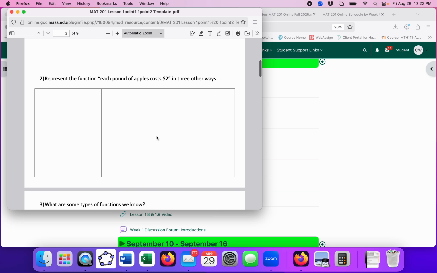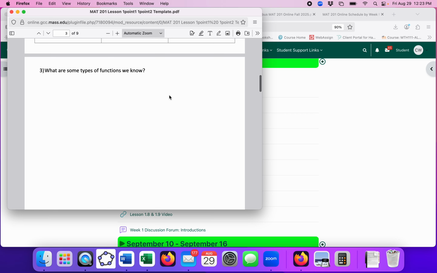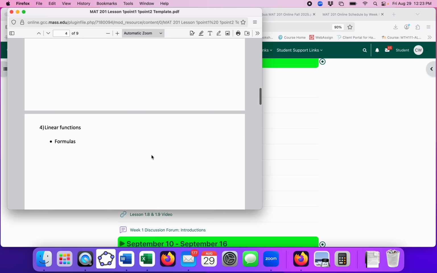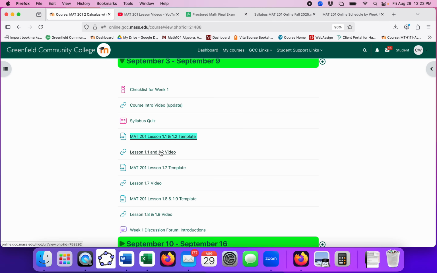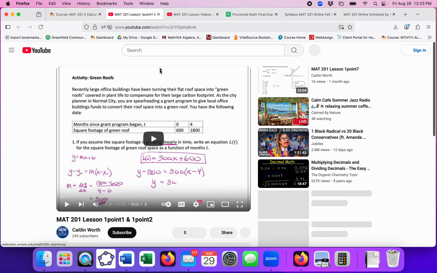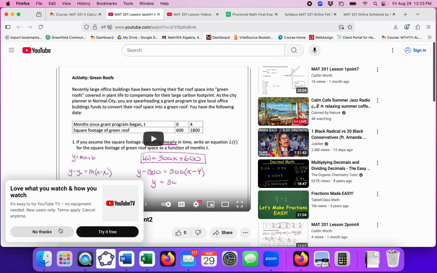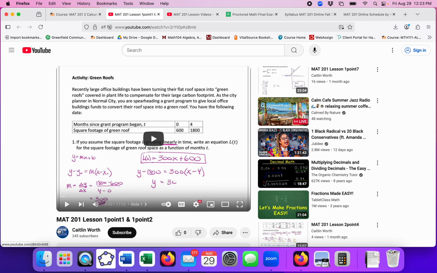As I teach this lesson, as you watch the video, you'll see all of these things getting filled in, right? I'll write a bunch of stuff here in the video. So you can use this to take notes while you watch the video, but you don't have to. You can also just take notes in a notebook. If you click on the video link, it takes you right to the video.